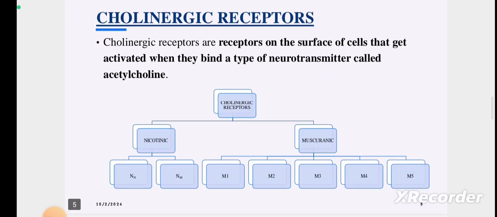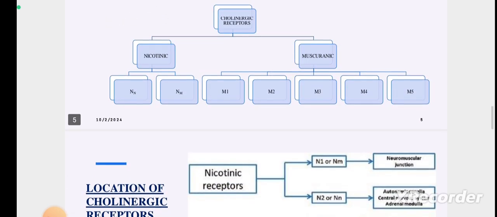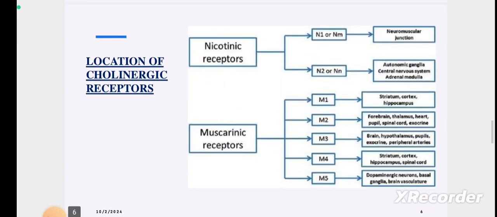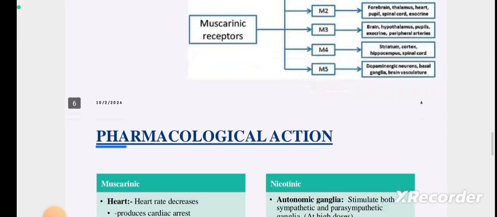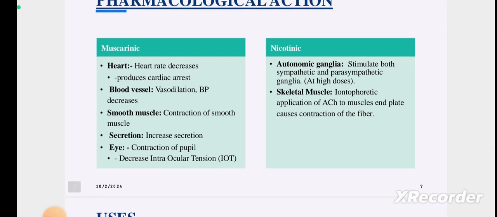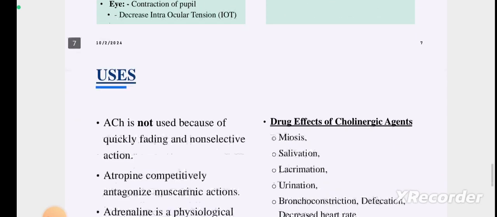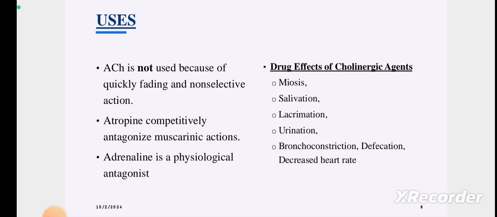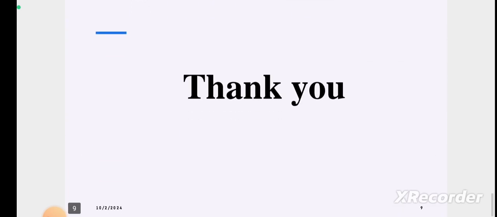Then there are receptors called nicotinic and muscarinic. Then the location of nicotinic and muscarinic receptors. Then the pharmacological action of muscarinic and nicotinic both on various parts of the body. Then the uses and the drug effects of cholinergic agents. So that was all about cholinergic drugs.